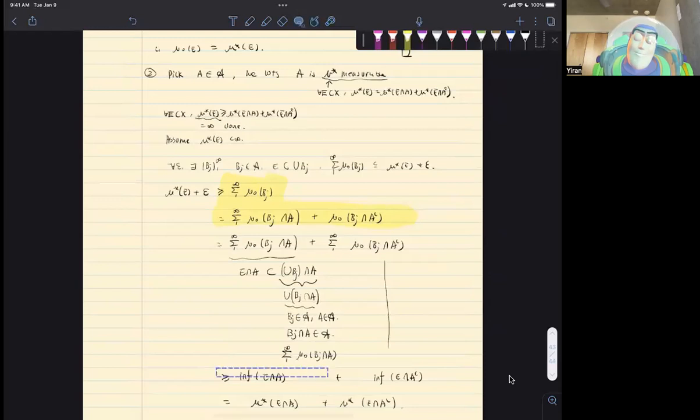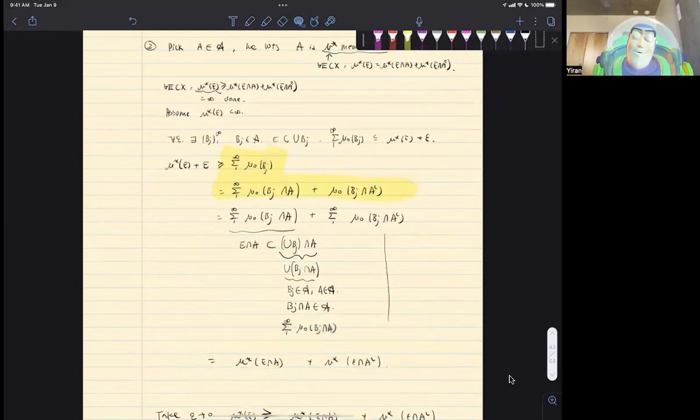So what I'm going to do is delete this because it doesn't make sense. So I think I know what I was thinking. So we have this, right? And we have this, and more explicitly, we have this. And notice that E intersect A belongs to this.